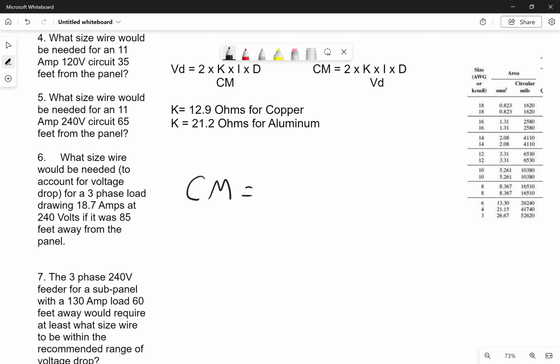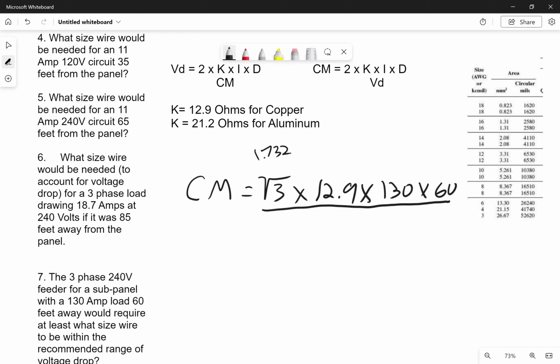We're 3-phase here, so it is the square root of 3, which is 1.732, times K 12.9, times our amperage, which is 130, times our distance, which is 60 feet, all over 240 times 0.03. It's going to be 7.2, not amps, 7.2 volts.